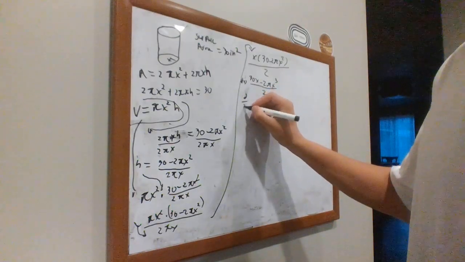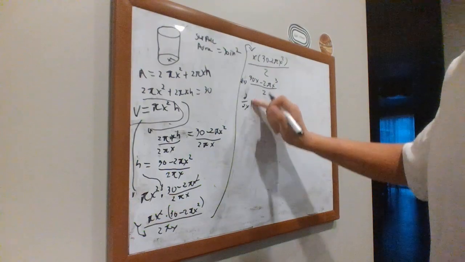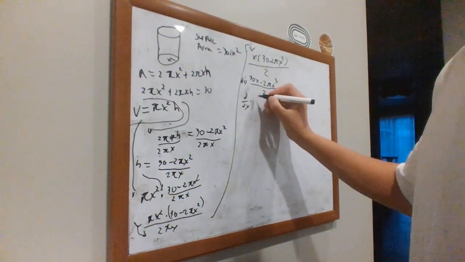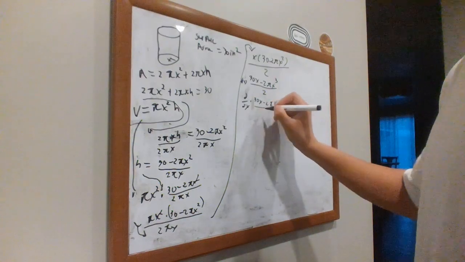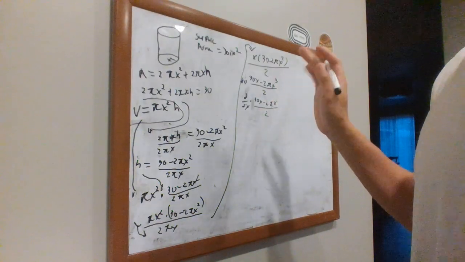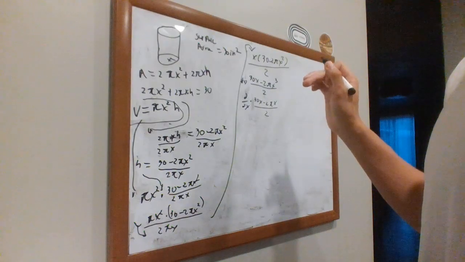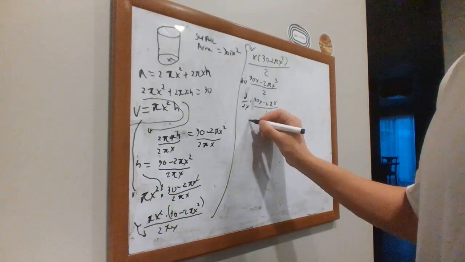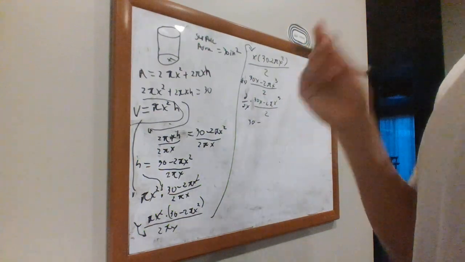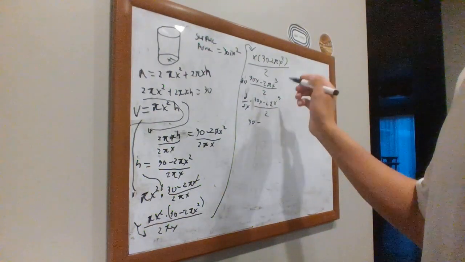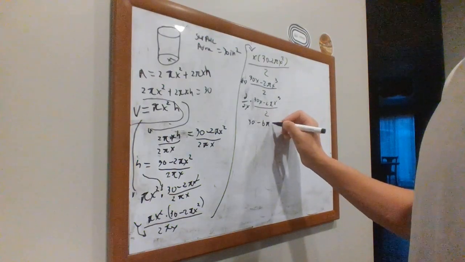So dV/dx is 30 minus 6 pi x squared, divided by 2, because of the power rule.